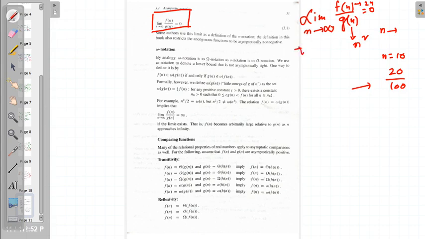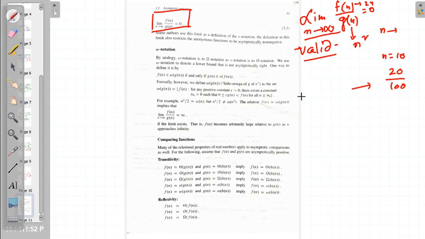I think as far as visualization is concerned, this is much easier to visualize. So the limit as n tends to infinity of f(n) by g(n) is equal to 0, when n is growing larger and larger.